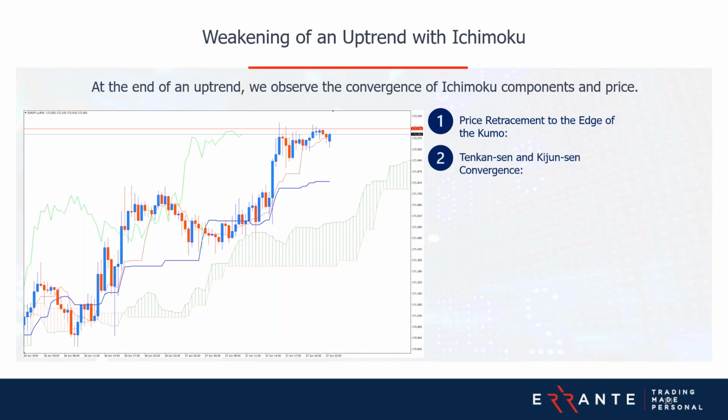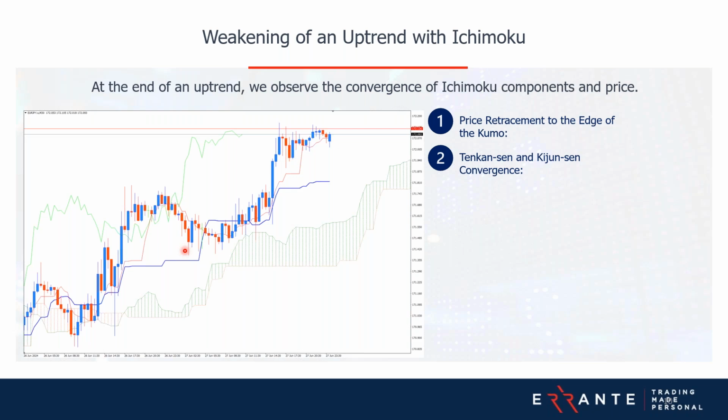Then we see Tenkan-sen and Kijun-sen convergence. The convergence of the Tenkan-sen as a conversion line and Kijun-sen as the baseline signals weakening momentum, like what we see here. You see, as this price correction started, we see the convergence between the Tenkan-sen and Kijun-sen.